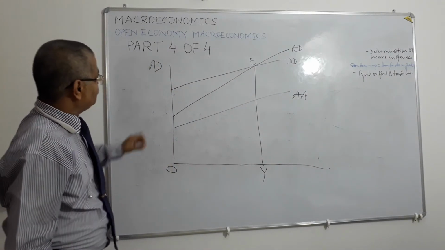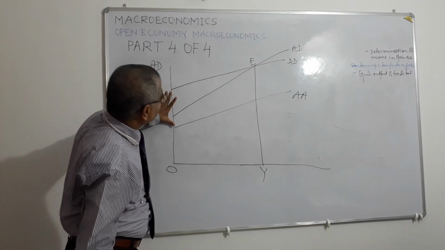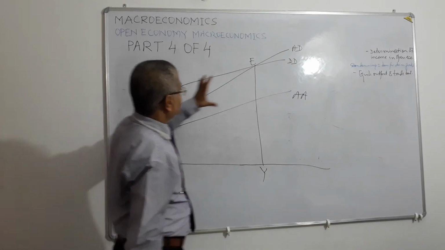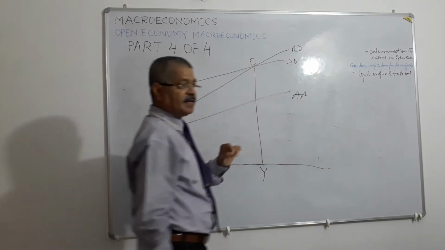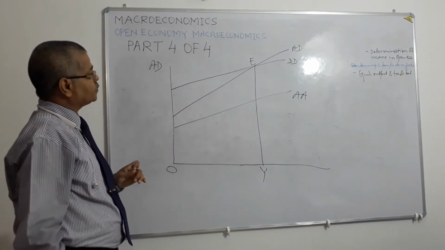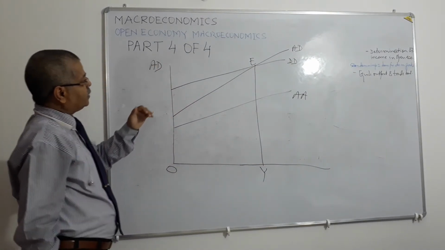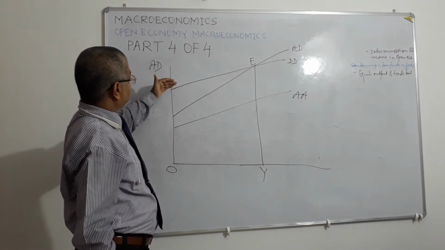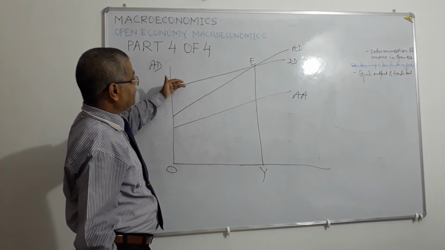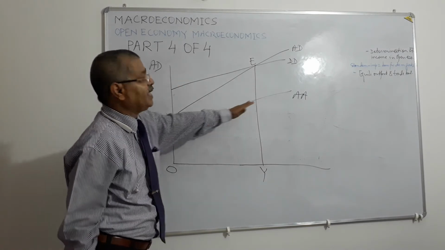So you will find that the distance between AA and DD here and AA and DD here is equal. And if you deduct exports from DD, you will get AA.